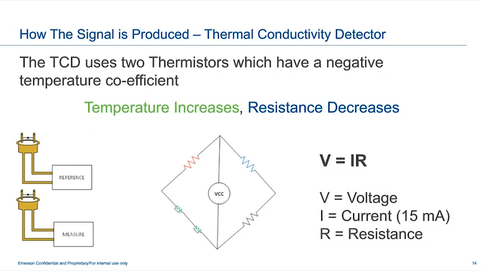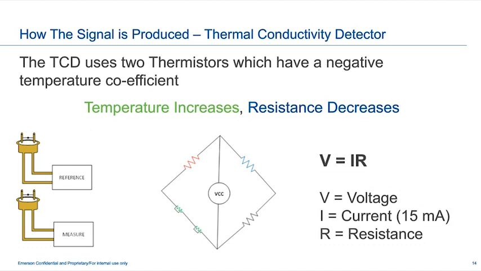When you combine over the measure side the carrier, so let's say in the example, the C6, the helium, with the separated component, say the methane, which has a lower thermal conductivity, that mixture combined will have a lower thermal conductivity than the carrier by itself flowing over the reference.